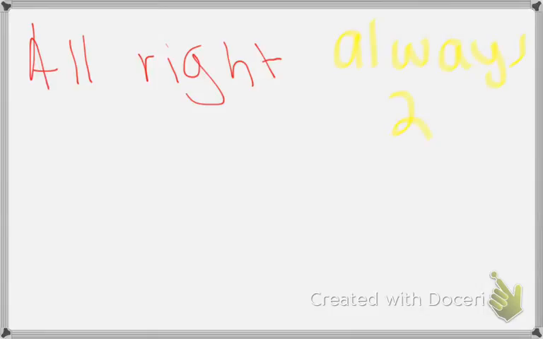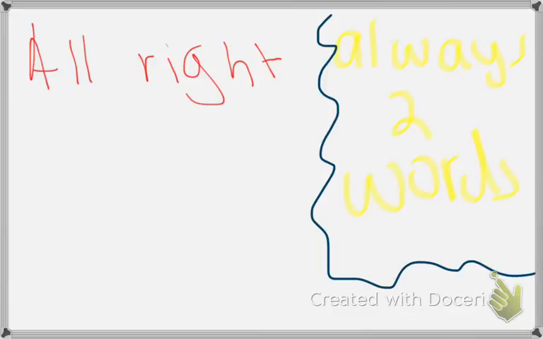So, alright, there's just one in this one, but all right is always going to be 2 words. Remember that, always 2 words. I'm just going to write a side note because I think it's super, super important. Always 2 words. And remember this like it's the last thing you'll remember.